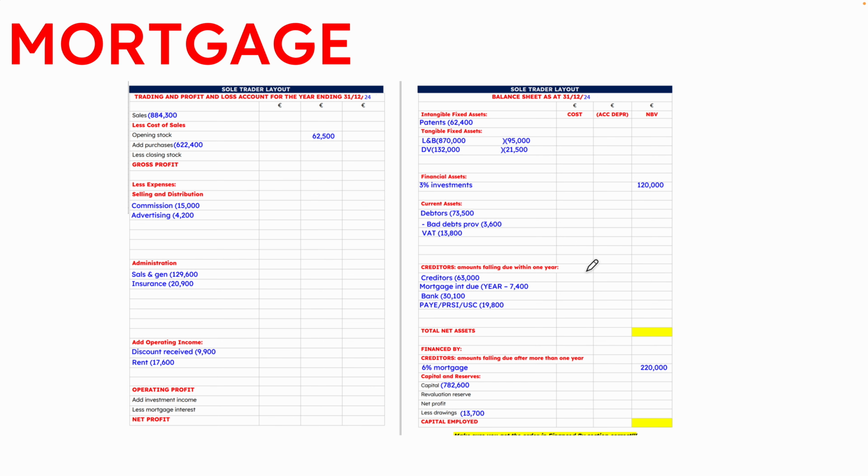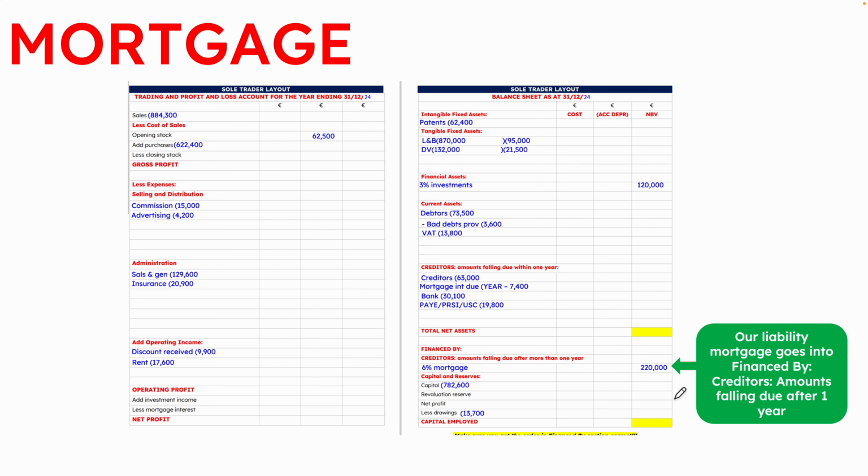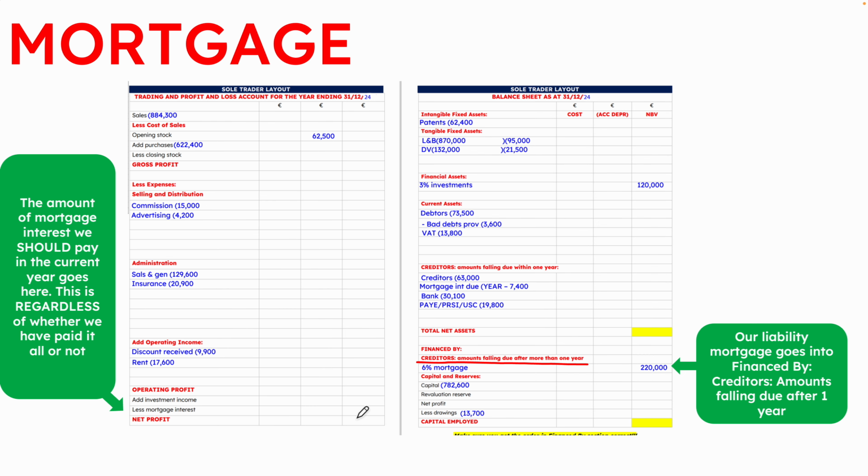Now, next we have a mortgage. So the sole trader has a long-term loan. It's called a mortgage, and it's on a property. So the mortgage itself is down in creditors' amounts falling due after more than 1 year. So the 220,000 mortgage is placed there. Now, exactly like the investment income, the mortgage interest for the whole year is going to go here, okay, for the entire year.